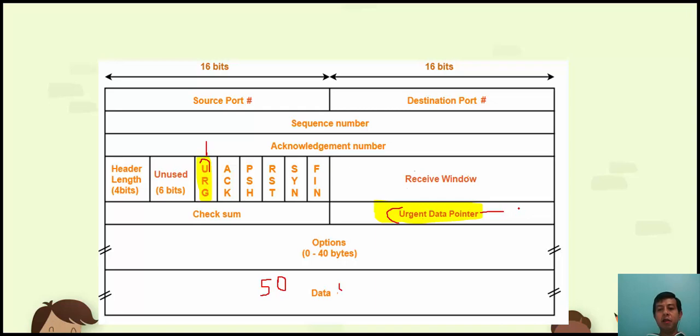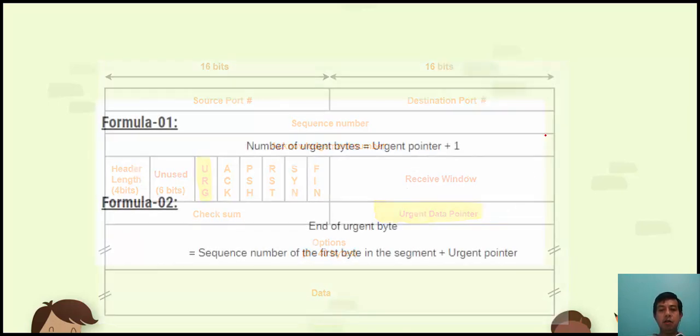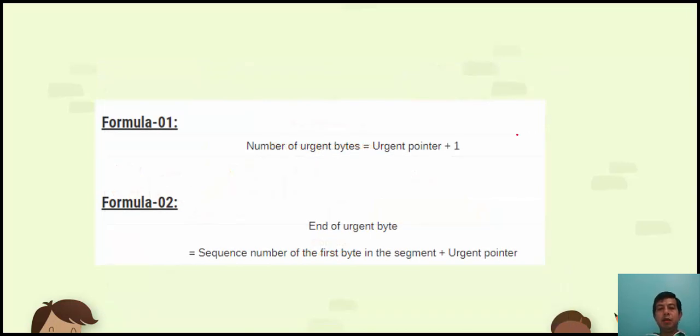Clear? So whatever value is there in the urgent pointer field, this value will help to identify to the other side which amount of data is actually urgent. Now this is the actual formula. The number of urgent bytes is given by the urgent pointer value plus 1.